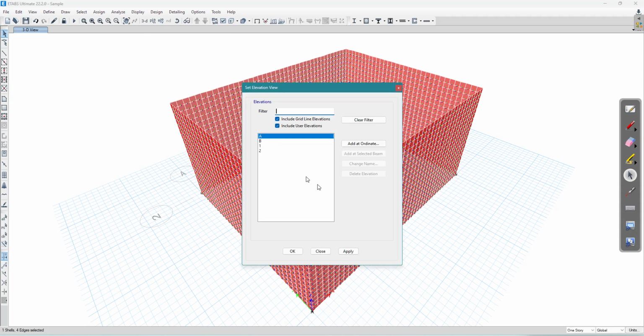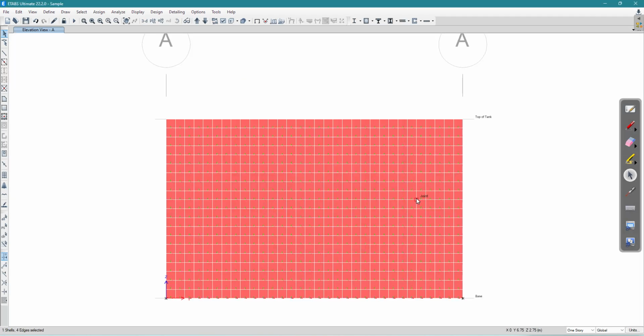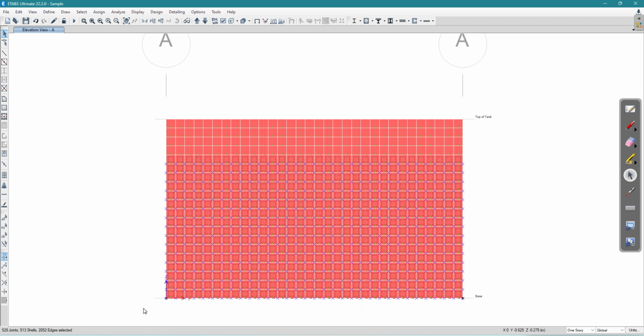So you go to any of the elevations. You need to select wall elements which are at 4 meter from the bottom, which means you need to unselect these 4 elements, 1, 2, 3, 4. I will select only these elements.